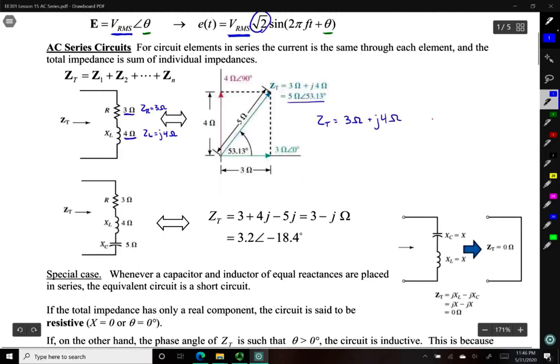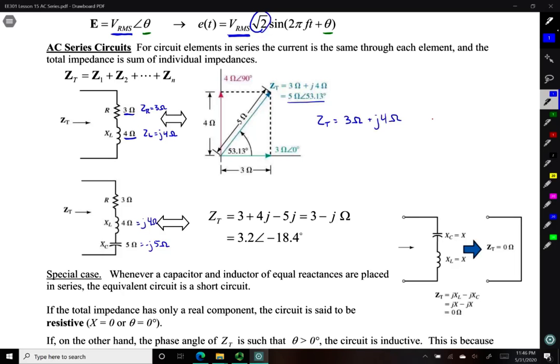So here in the second example, now we have a resistive element, inductive element, and a capacitive element, all in series. So again, we just need to make sure that we capture the imaginary J added to our inductor and the minus J added to our capacitor.